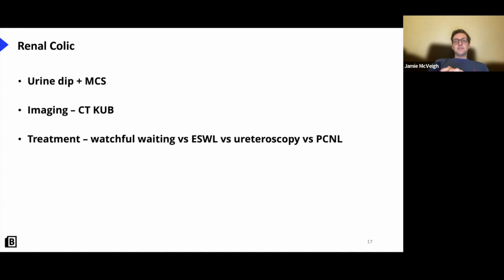So diclofenac's an anti-inflammatory, but it works best PR for renal colic, which is really interesting, and good as well because you don't get the GI side effects that you have from giving it orally. And I think you can have 150 milligrams as a total in a day. So some people give 100 milligrams PRN, some people give sort of 50 milligrams TDS, or 3 times a day, sorry.